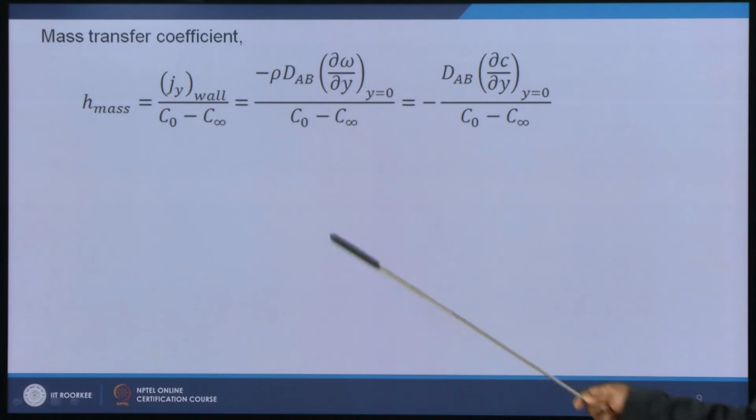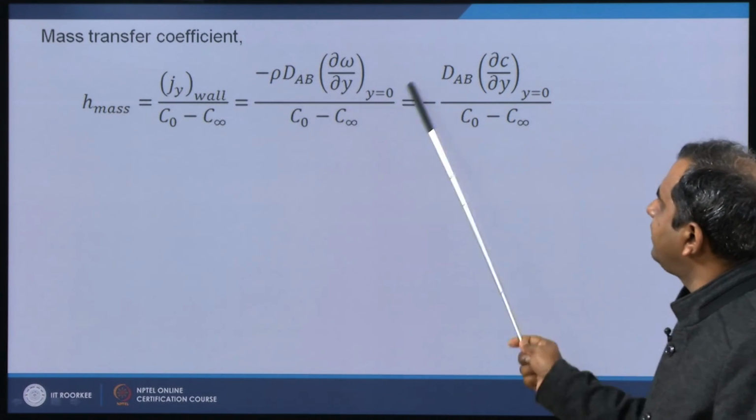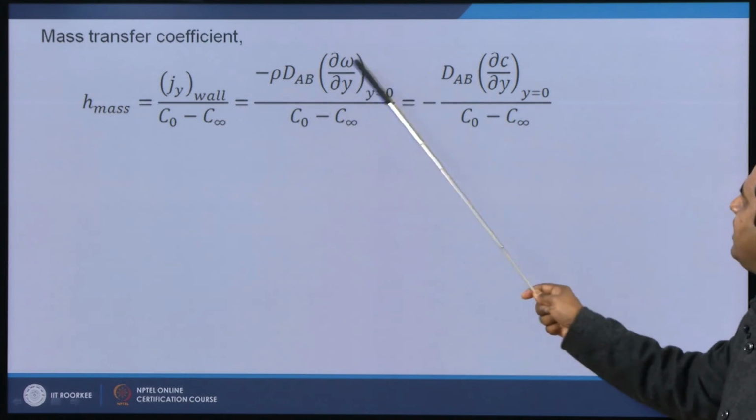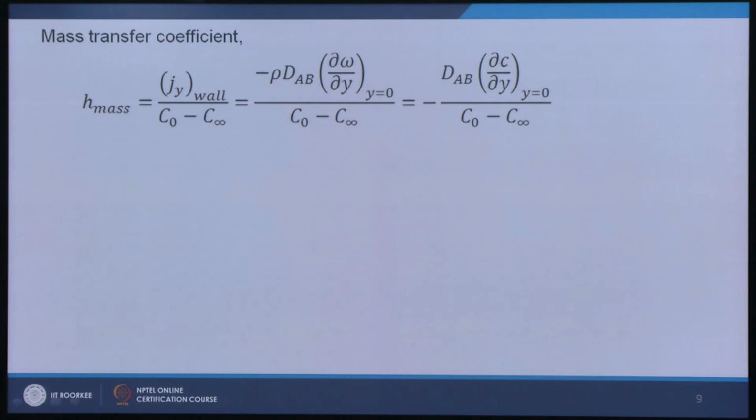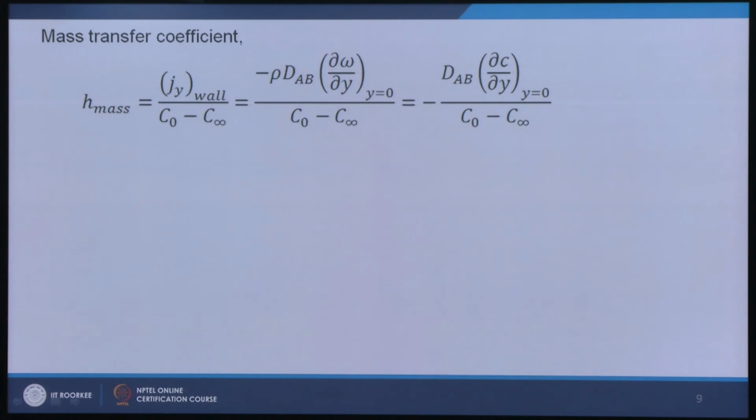If you use Fick's law, then this J can be written in this fashion, and this omega can be converted to C, as we have shown in the previous few slides, the relationship between omega and C. So, ultimately the mass transfer coefficient comes out as minus diffusivity into del C del y at y equals 0, that means at the wall, divided by C naught minus C infinity, the concentration difference.